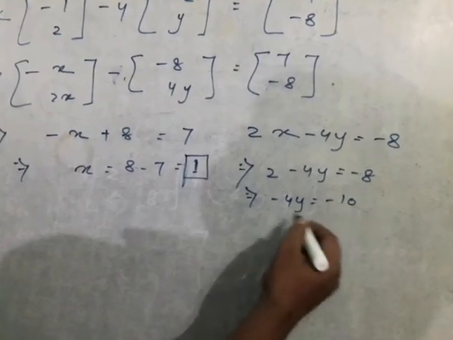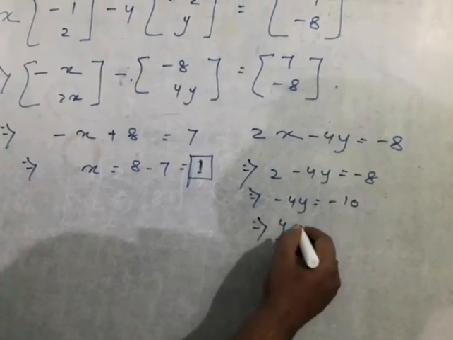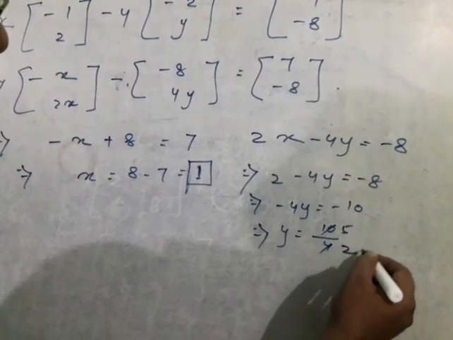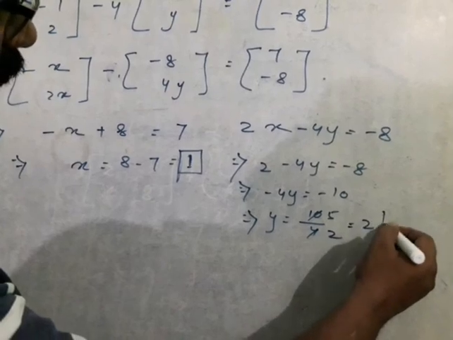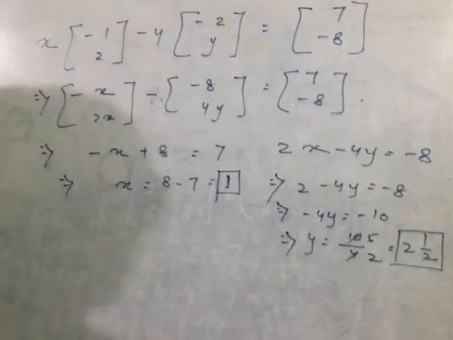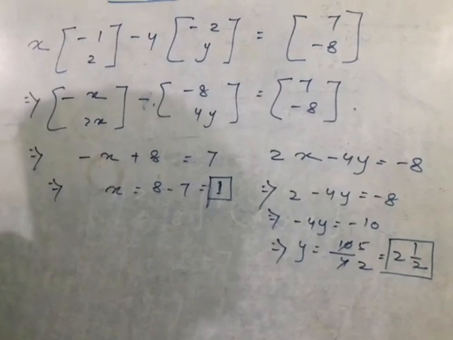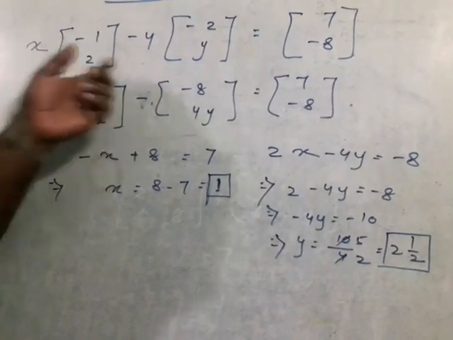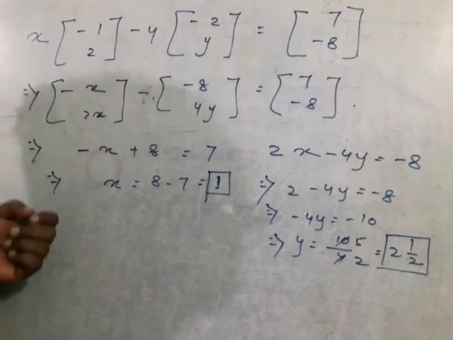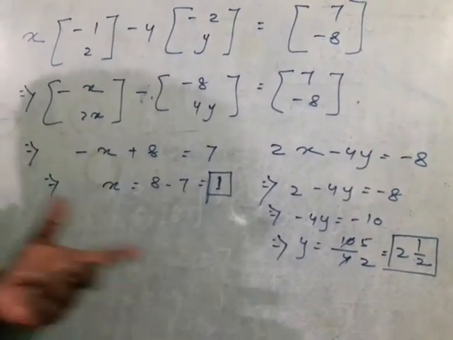Cancelling the minus signs, y is equal to 10 by 4, or 5 by 2, that is 2 whole 1 by 2. So by using the properties of addition, subtraction and multiplication of matrices by scalars, we can find the values of x and y.